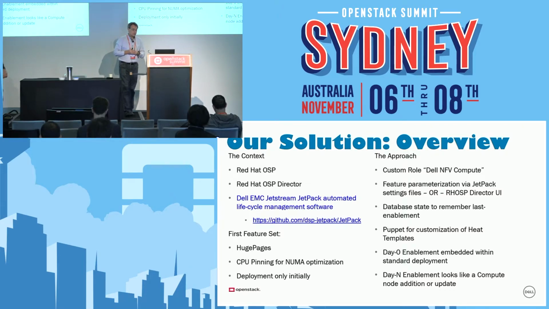But for NFV specifically, we created a new custom role. Thank God for all of the work of our TripleO team, who provided us the ability to do that. We called it Dell NFV Compute, because it was primarily for the compute where we needed a new extension. For the others, we can utilize the existing roles.